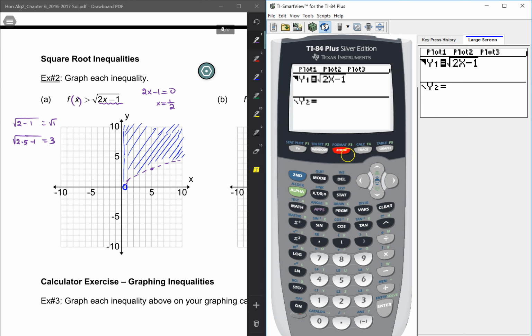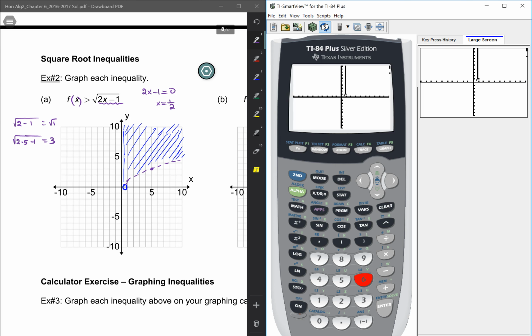Now, zoom 6, because I don't know where my windows were before, and there you have it. Right, you need to do the dotting. Now when you press trace, just exploring our calculators, at x equals 0 there is no y value.